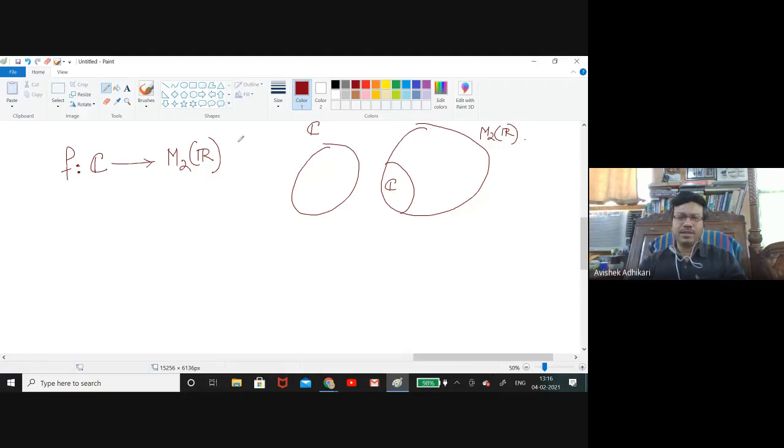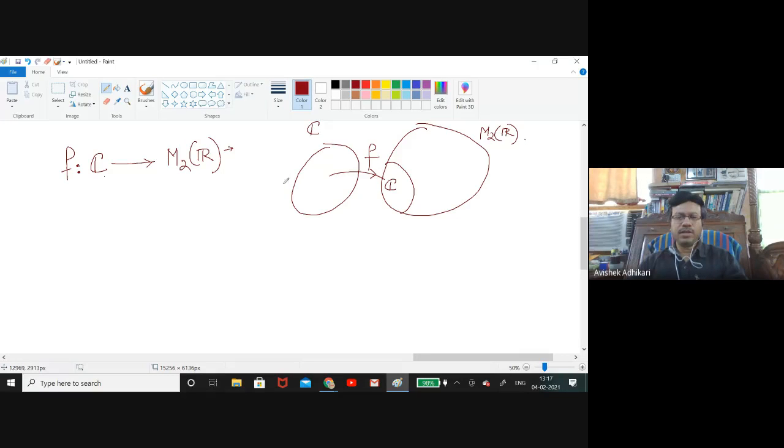They are matrices, so algebraically they look like all 2 by 2 real matrices, and this is a complex number. So apparently they look very different. But what I am saying is, can you embed, or can you give some function f such that the whole complex number can be thought of as being within M2(R)?